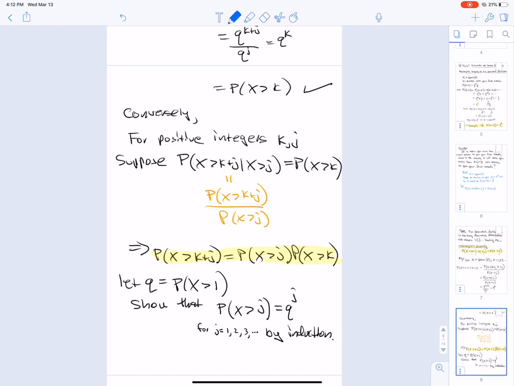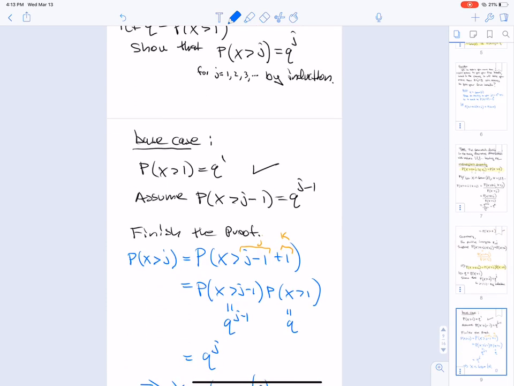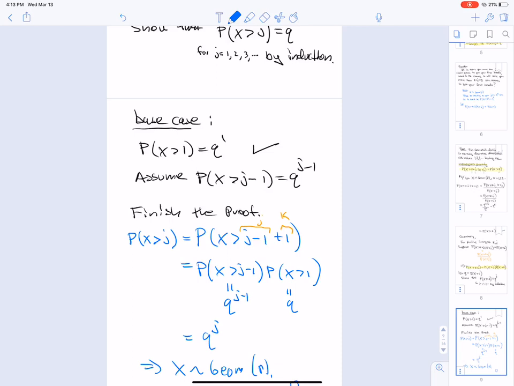So we need to show that this equality implies that X is geometric. We're going to define q to be the probability that X is greater than 1, and we're going to show that the probability that X is greater than j is q to the j. If we show that, that will show that X is geometric. So you're going to pull out your mathematical induction muscles, and we're going to check the base case. Great. We're going to assume that the probability that X is greater than j minus 1 is q to the j minus 1.